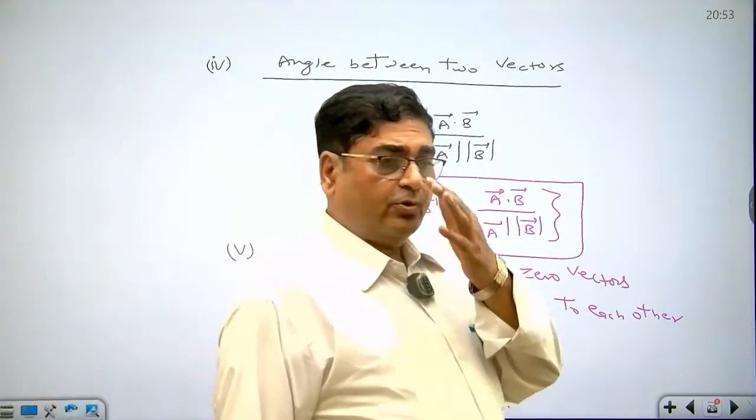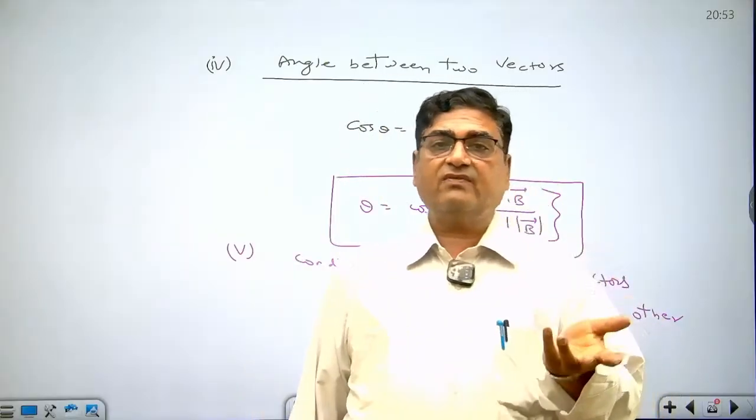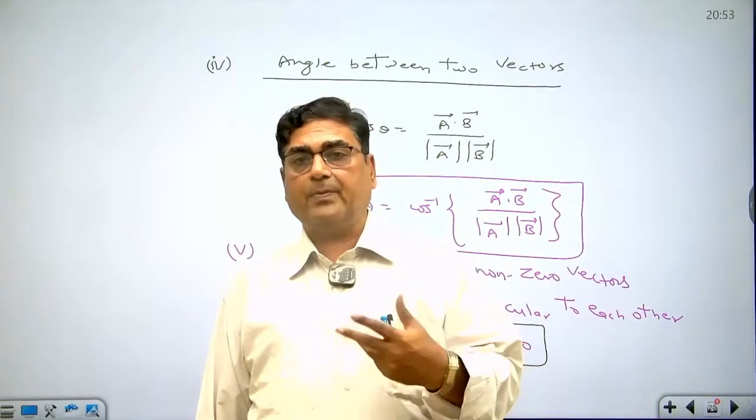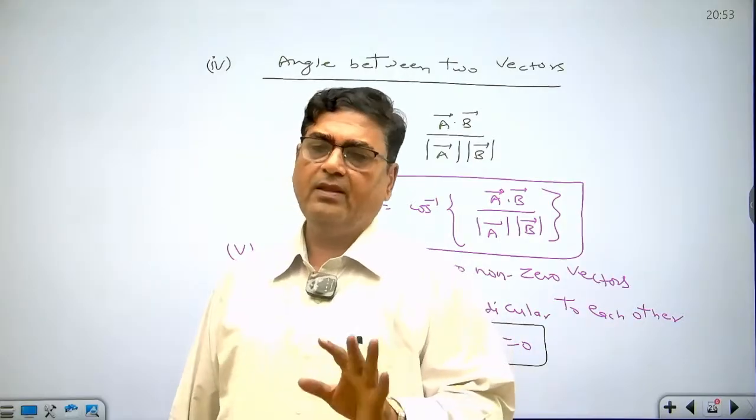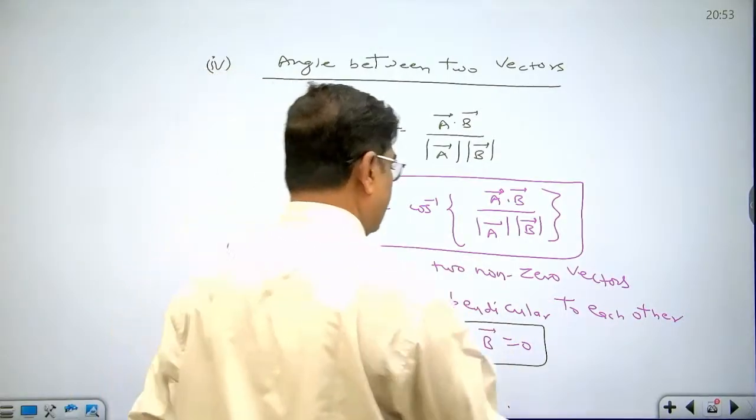If the dot product of two non-zero vectors is 0, then the vectors will be perpendicular. If vectors are perpendicular, then the dot product of two non-zero vectors will be 0. Okay, this is a very important result.